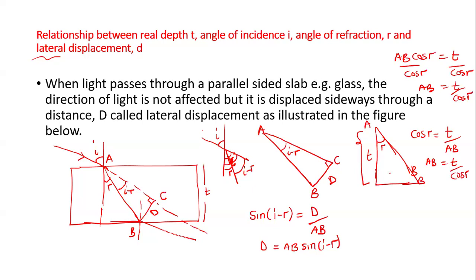Now, after obtaining my AB, I'm going to just come here in my expression. I remove this AB, so meaning that my displacement D is equal to AB, which is T out of cos of R. Then I'll have sine of I minus R. Now we can simplify and write it in a simple way that our D is the same as T. But I know from my trigonometry, whenever I have 1 out of cos of any angle, this is the same as having a sec of R. So where we have 1 out of cos, I'll write here as sec.